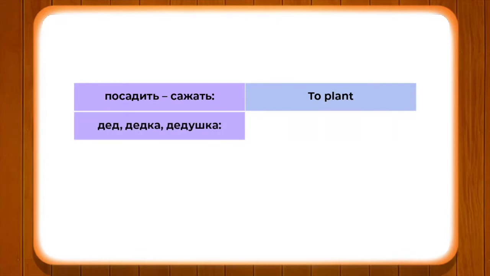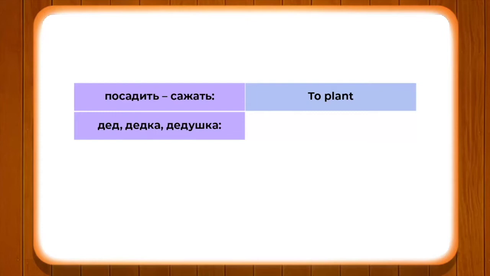The first word in the vocabulary is pasajich and sajach. Both verbs mean to plant. In Hindi, bona, जैसे बीज बोना. Next word we have jiet, jietka, jedushka.